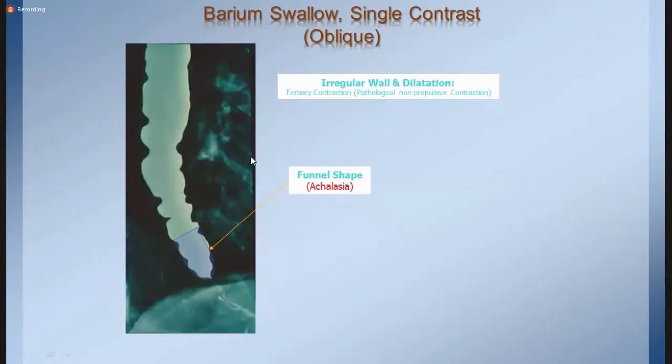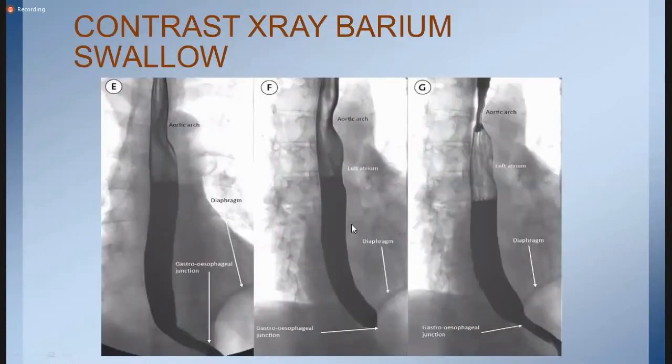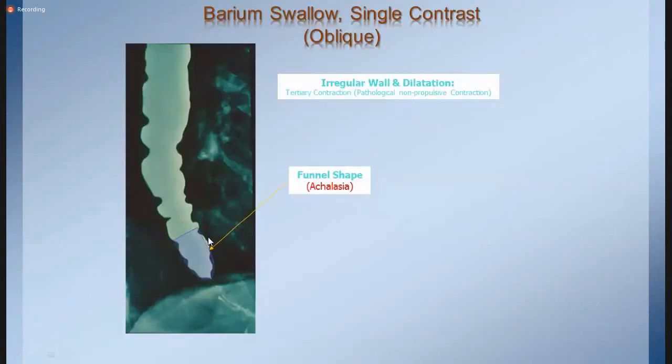Now that was the normal anatomy, and now here we have abnormal anatomy. See the normal contour of the esophagus. It is smooth, not dilated, showing the barium within it. This is an abnormal barium swallow examination, a single contrast study, because we only have contrast here, no air outlining the esophagus.